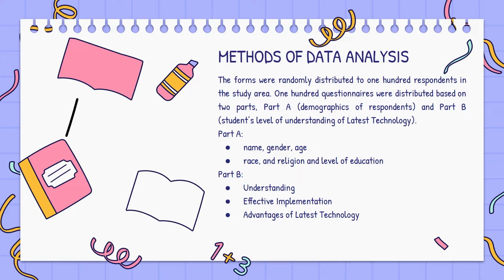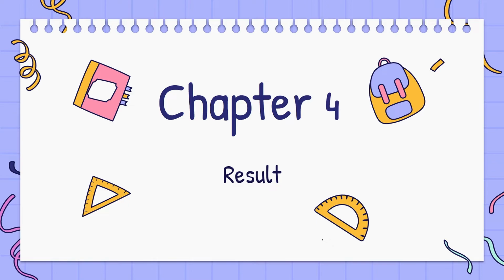Part A consists of name, gender, age, race, religion and level of education. Part B consists of understanding, effective implementation, and advantage of latest technology.